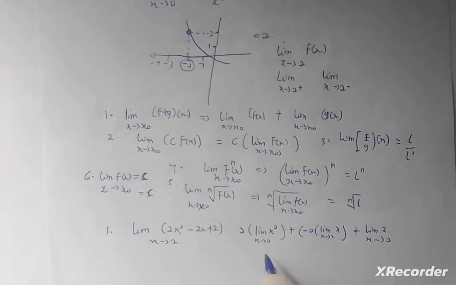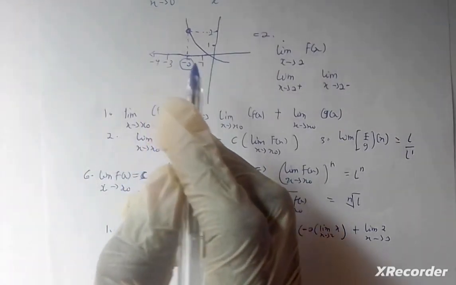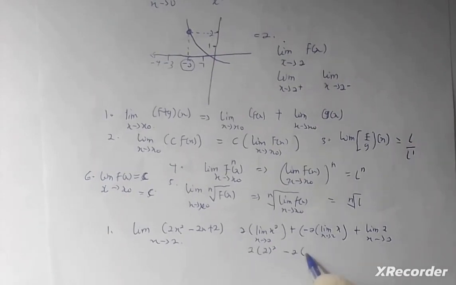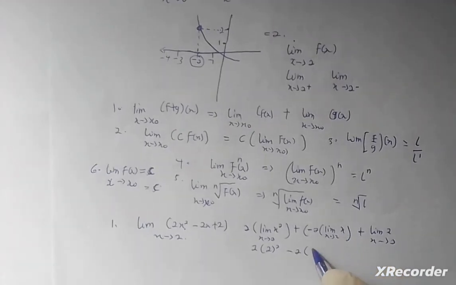When I get this limit here, I'll just put the 2 to this. From the graph as I showed you, you just put 2 to this x. That is, wherever you see x, you put 2 there. So I get 2 open brackets 2 squared minus 2 open brackets, I'll put 2 because here is x, I'll just put 2 there.